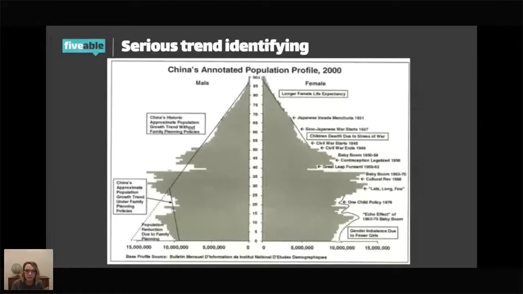Right here, 1979 is where the one-child policy would have been implemented. So once that starts to implement, you reach something called demographic momentum. Just because China put that law into order doesn't mean the next day all of a sudden there's less people, right? You've got this history of really promoting large birth rates.